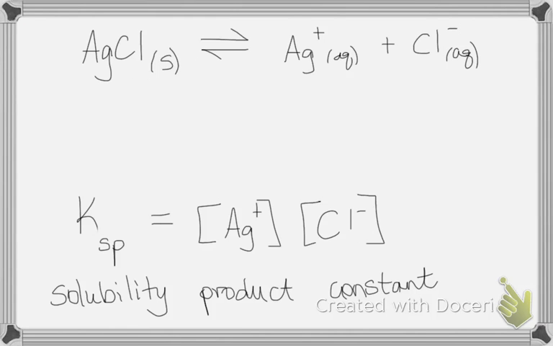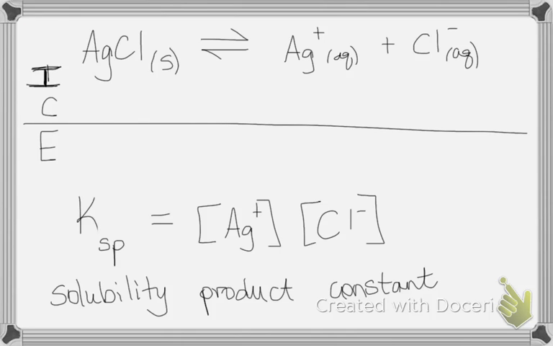Now, if we were going back to this silver chloride one, if I were going to set up an ice table, and let's say I take some silver chloride, solid, and I put it in water, and I'm going to see how much of it dissolves.